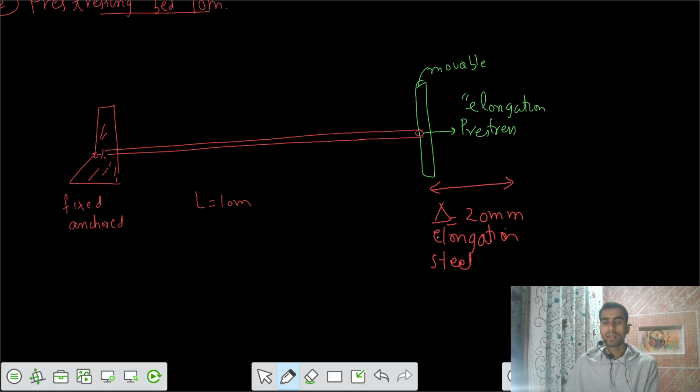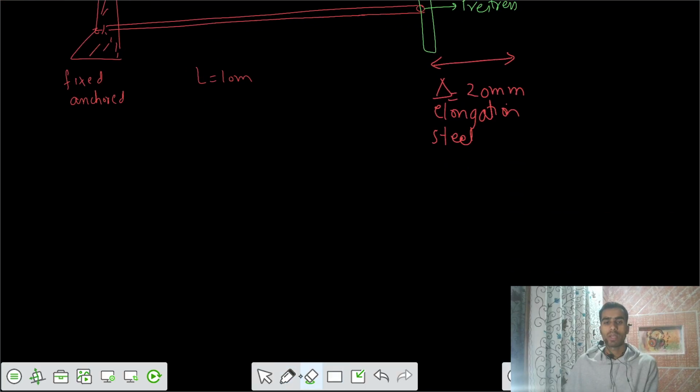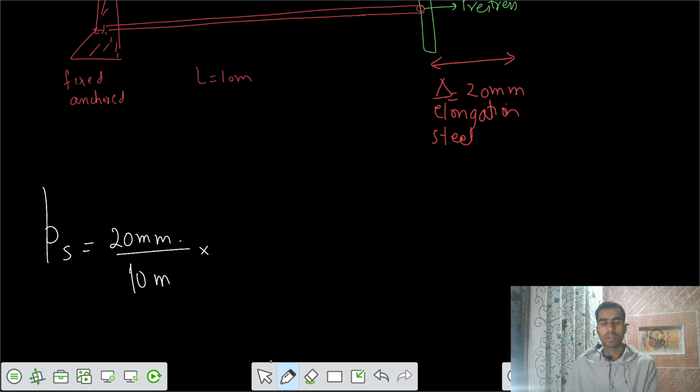Because of that, there would be some stress developed in the steel wires. Stress developed equals the elongation of the wire divided by the initial length of the steel wire, which was 10 meters, times the modulus of elasticity of the steel, 2 into 10 to the power 5 megapascals.